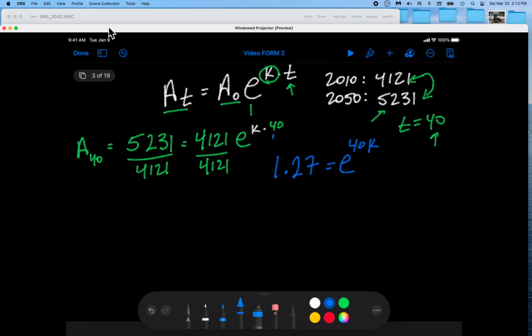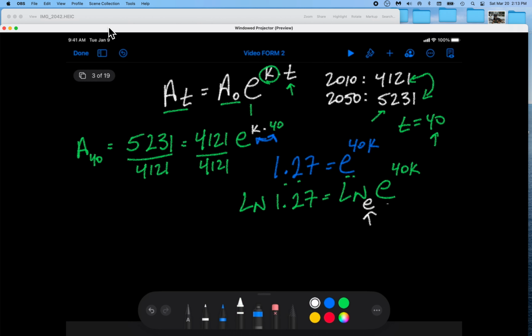Okay, I just swapped these two. We're going to have to take the log of both sides. You always look to see if there's a common base. There's no way you're going to get a common base. We're going to take the natural log, not the regular log. Why? Because e is involved. There's an understood e here.